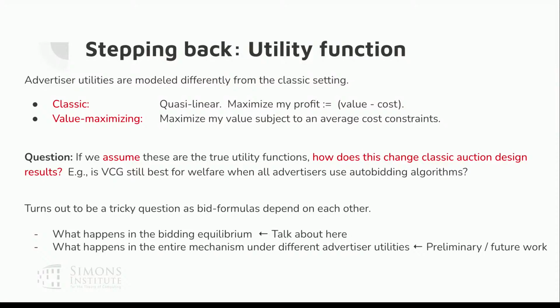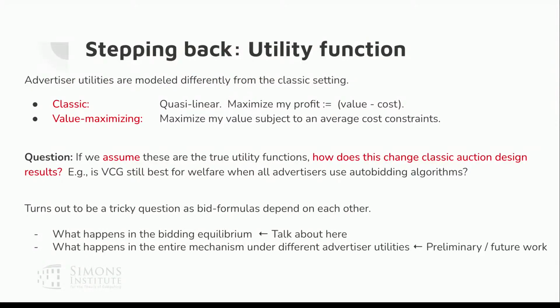While these things, including just simply a budget constraint, we can call value maximizing objectives, where you want to maximize my value subject to an average cost constraint or a budget constraint. And for the rest of the talk, we are going to take that utility function, or that objective at least, as literally what we want to achieve.